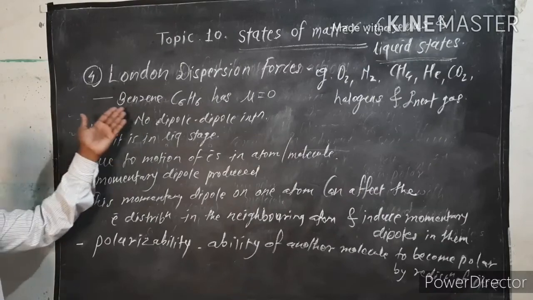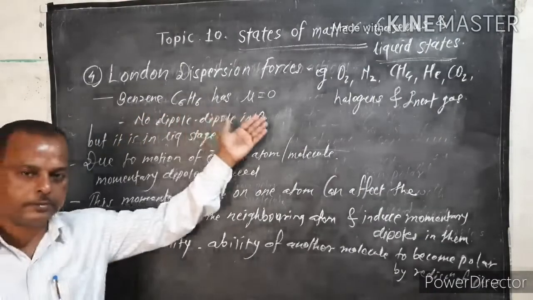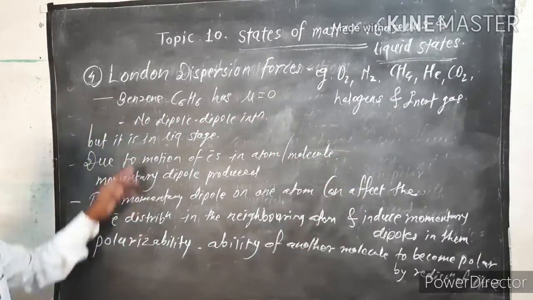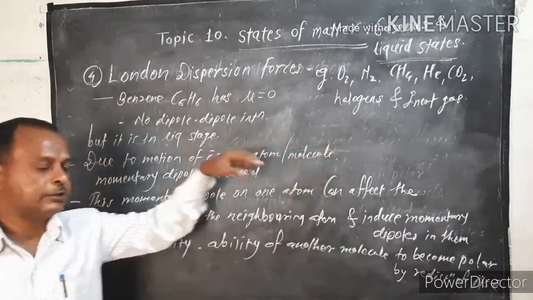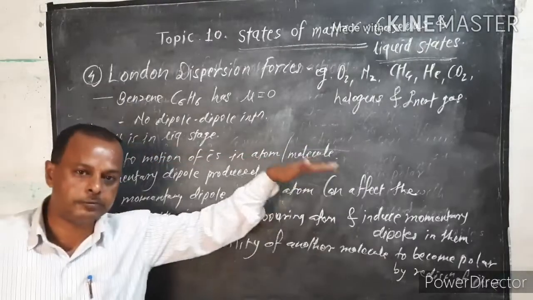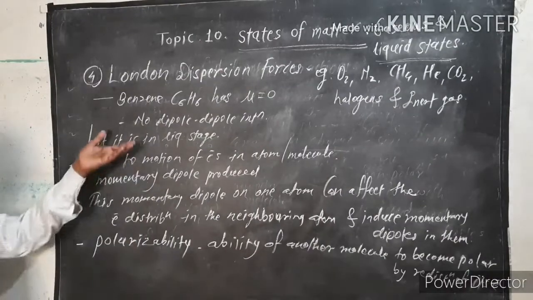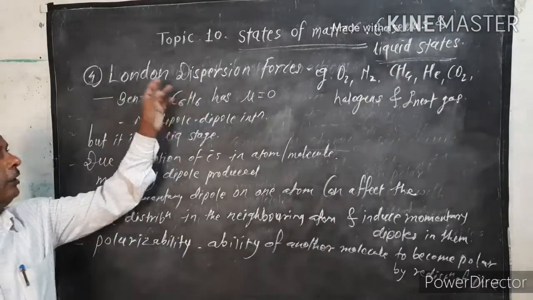Now, we will see the example of benzene. Benzene has zero dipole moment, and there is no dipole-dipole interaction either. Still, benzene is present in the liquid state. Its explanation depends upon the London dispersion forces.